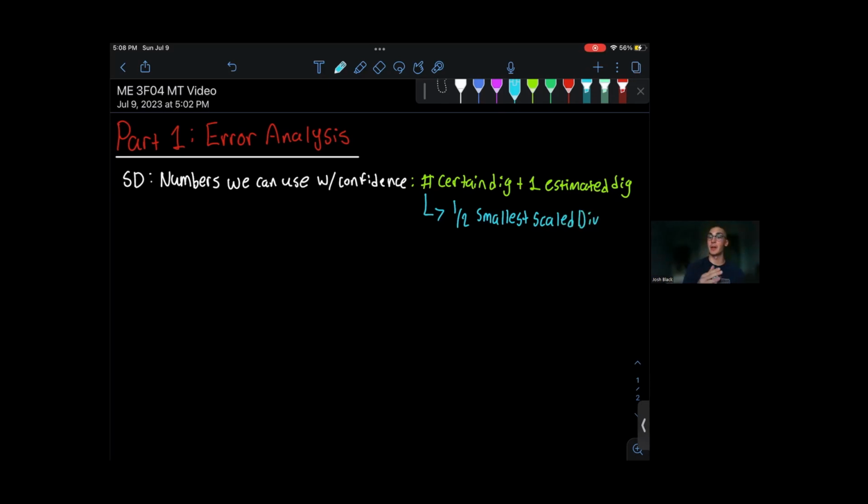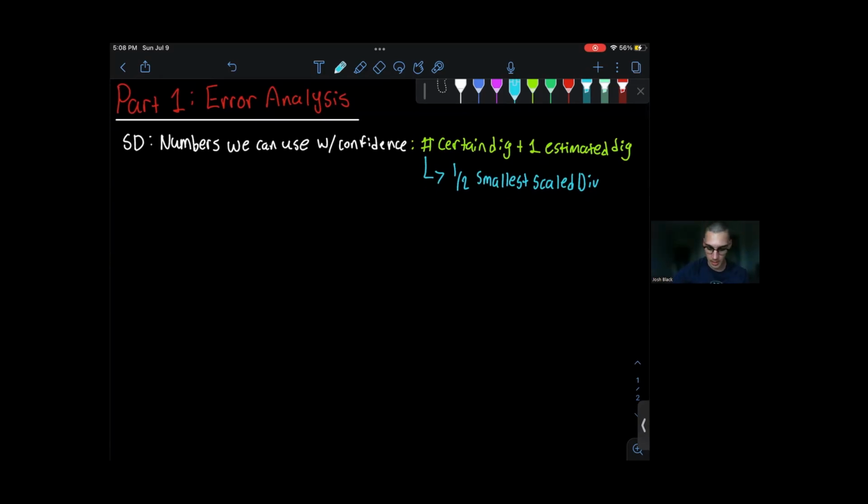So if our speedometer goes up by ones, then our smallest scale division is 0.5. So the estimated digit will be 0.5. If our number goes up by 0.1, then our estimated digit will be 0.05, and so on.